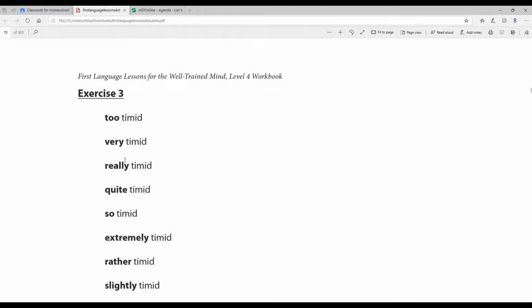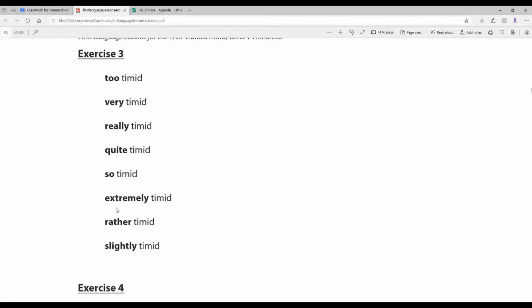Too timid, very timid, really timid, quite timid, so timid, extremely timid, rather timid, slightly timid. All these adverbs tell to what extent a person is timid. She is timid. To what extent is she timid? She's too timid, or very timid, or really timid, or quite timid, or so timid, or extremely timid, or rather timid, or slightly timid.